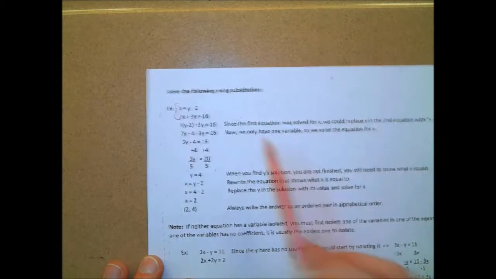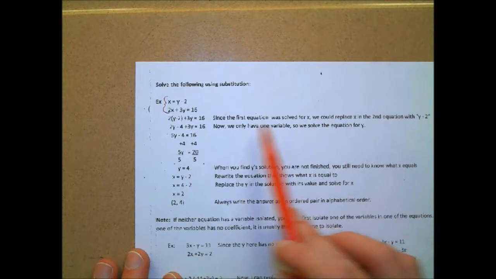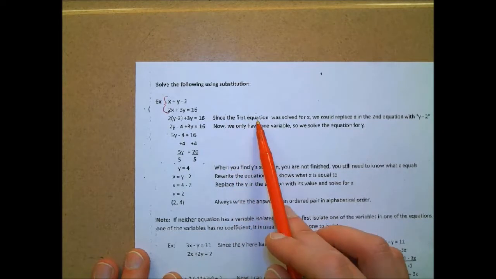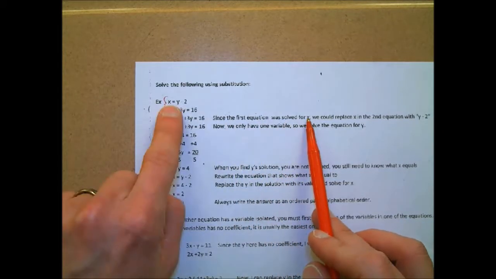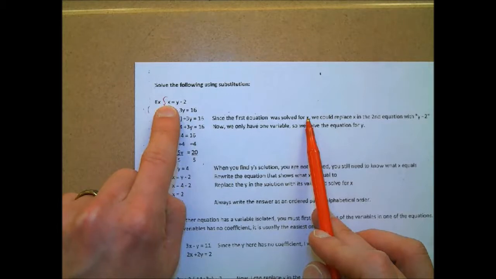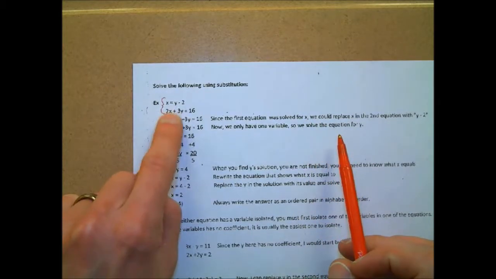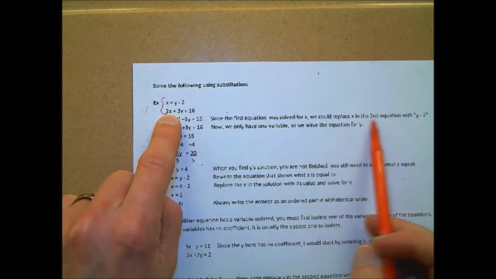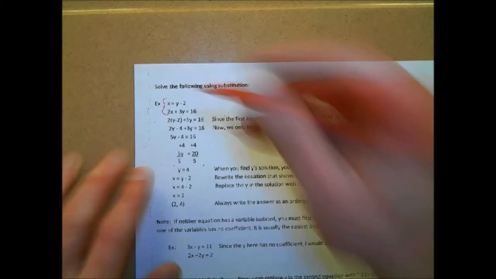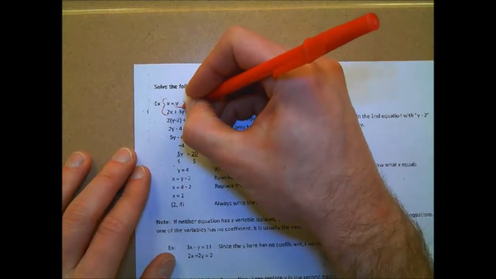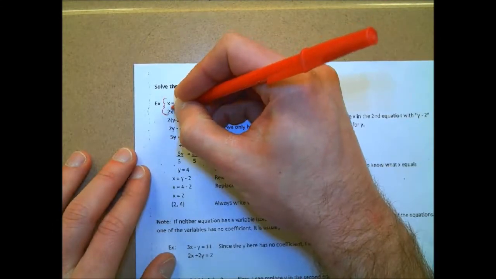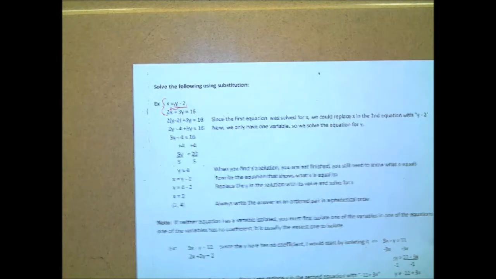So you can see here what it says in the little words. It says, since the first equation was solved for x, the first equation here, it's got x by itself, we can replace this x in the second equation with y minus 2. So in other words, we're going to take this y minus 2 right here, and we're going to plug it in for x right there.